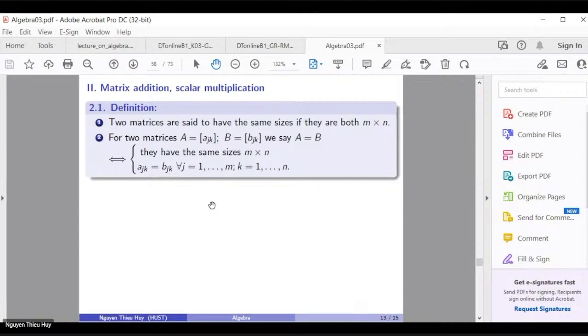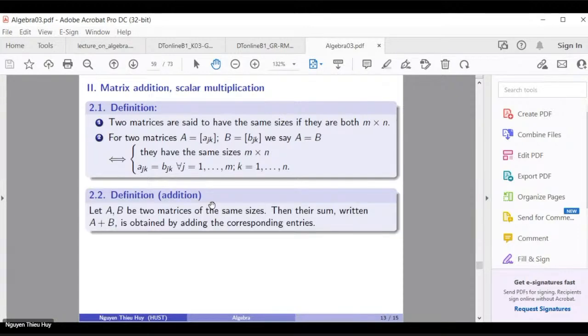And now we can define the addition and scalar multiplication. So we define matrix addition as follows. Again, we consider A and B, two matrices of the same size, both m by n. Then the sum, written as A plus B, is defined very simply.